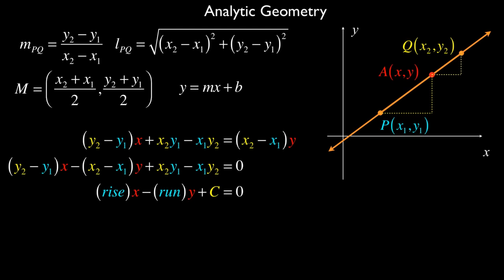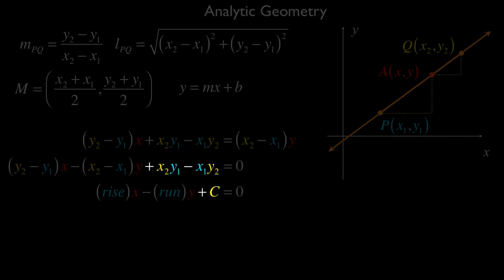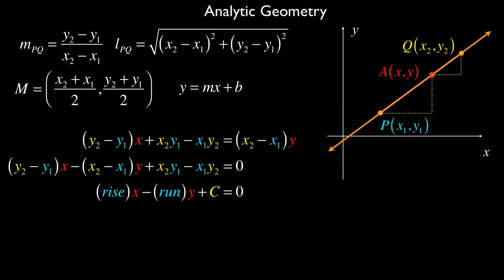So really what I have is rise times x minus run times y plus, and that x2 y1 minus x1 y2 is just going to be some constant. It's just a calculation that I'm doing with the x and y coordinates. And so I get this simple expression where I have the rise times x minus the run times y plus c equals 0. This is another form of the equation of this line.